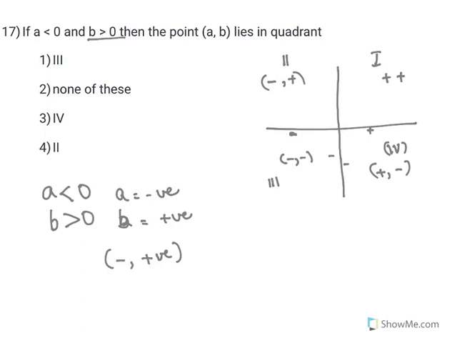Negative, positive is out here in the second. So it will lie in the second quadrant. I repeat again, when they say a is less than 0, a is negative, b is greater than 0, b is positive. So the quadrant is negative, positive. Negative, positive is in the second quadrant.